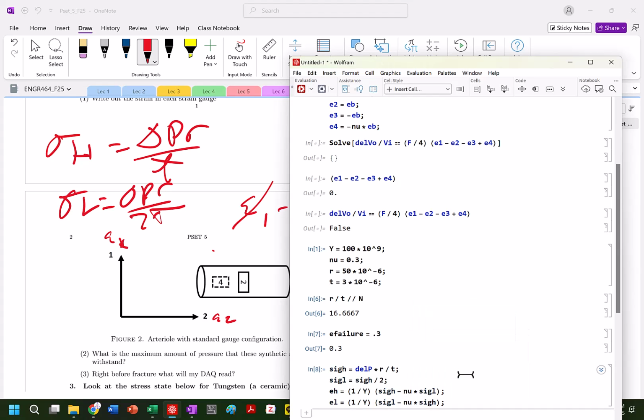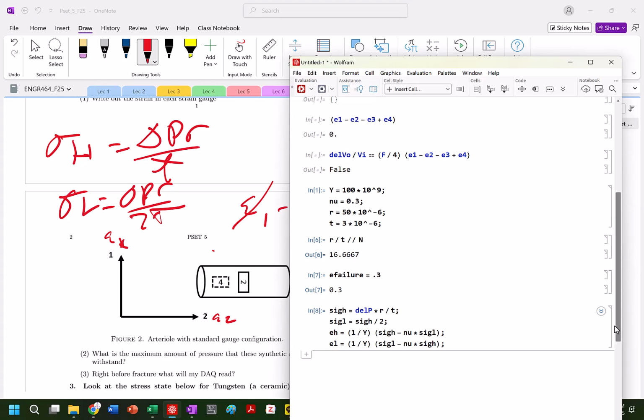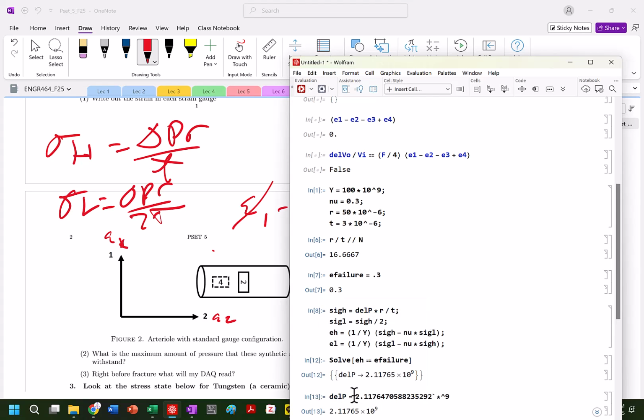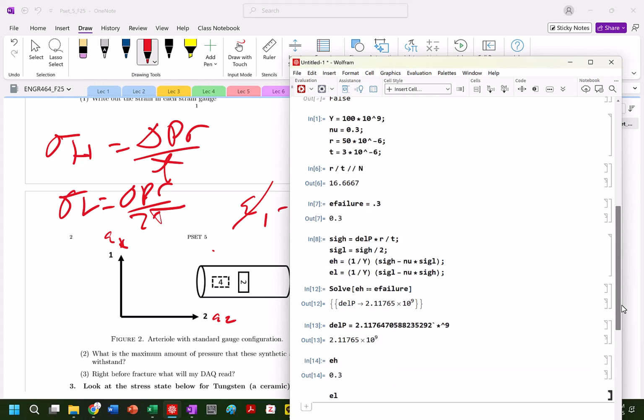Great. So our thin wall pressure vessels will always fail in the hoop direction. So when this is equal to E failure, what was our delta P? So this would be the maximum pressure that can be withstood. So that would be my delta P, and then this would be my EH, this would be my EL, et cetera.